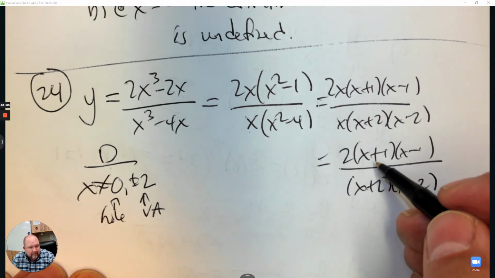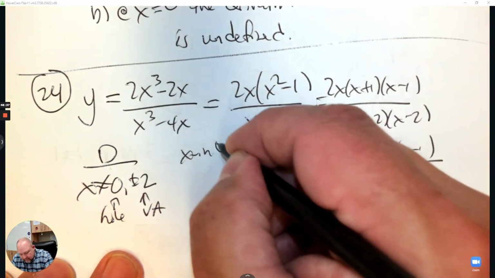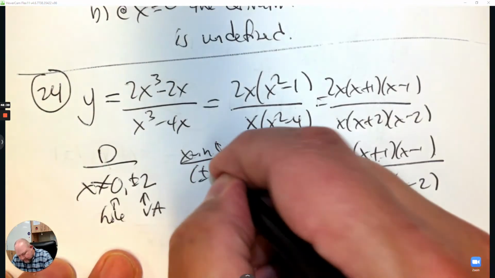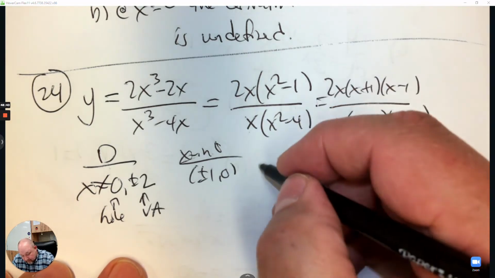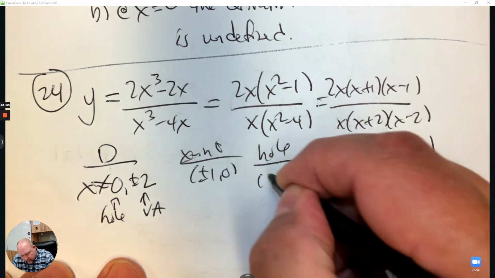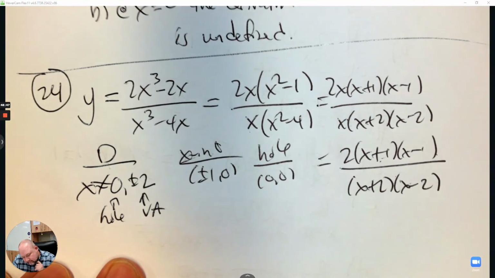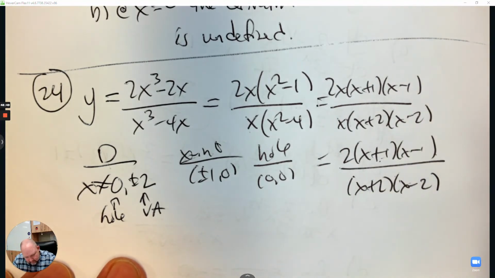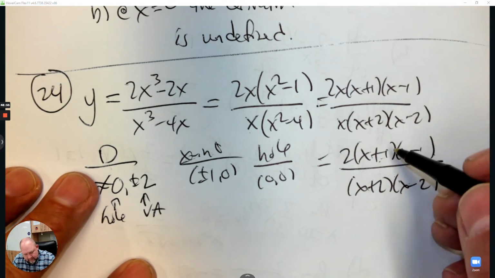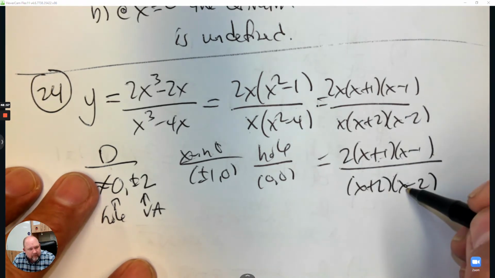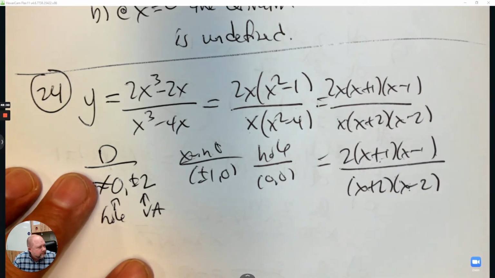Intercepts. If I look at the top, we have x-intercepts at negative and positive 1. We have a y-intercept. We also have a hole that's an intercept. 0, 0. Or not 0, 0. If I plug in 0, where is the hole?